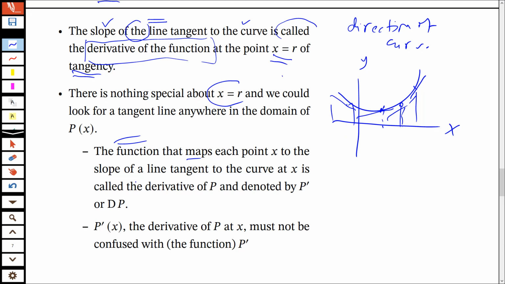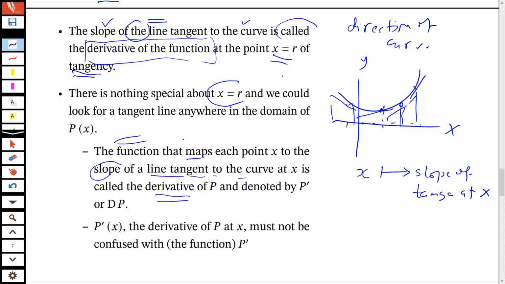At each point I find a line tangent to the curve and then I find the slope. If I collect all these slopes, I will have a mapping. I will have each point x mapped to the slope of the tangent at x. Not any line but the tangent line. So I get a new function. That function will be called the derivative function.